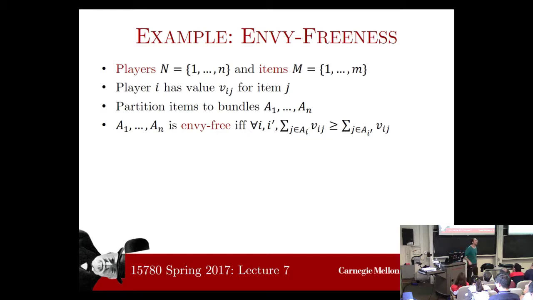I don't know if this is what you were just saying, but is it not always possible that the evaluations are additive? So in practice, there are many examples where this wouldn't happen.